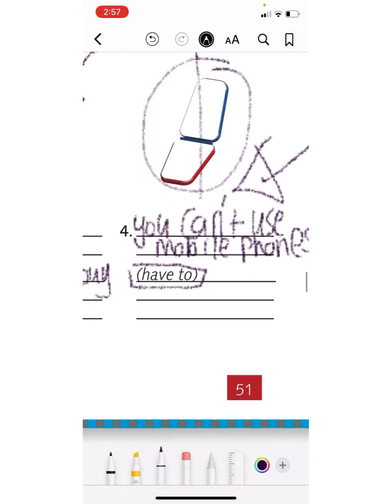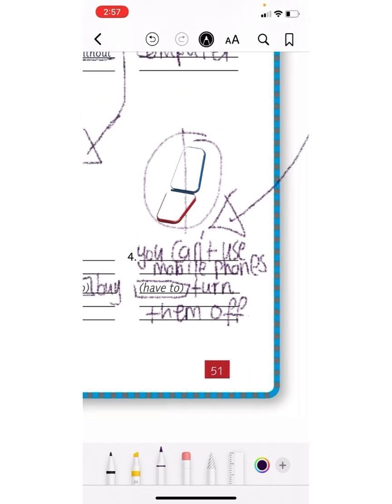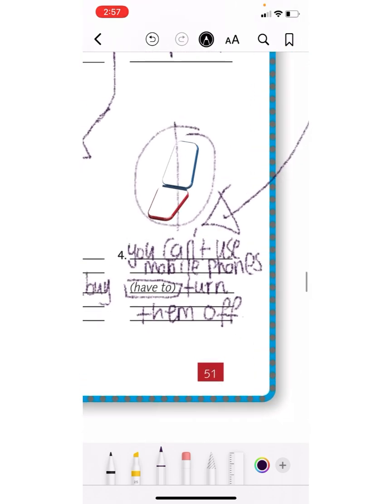You have to turn them off. يعني تسكروهم تطفوهم. You have to turn them off. them refers to the phones. يجب عليكم أن تطفئوهم. You can't use mobile phones. You have to turn them off.